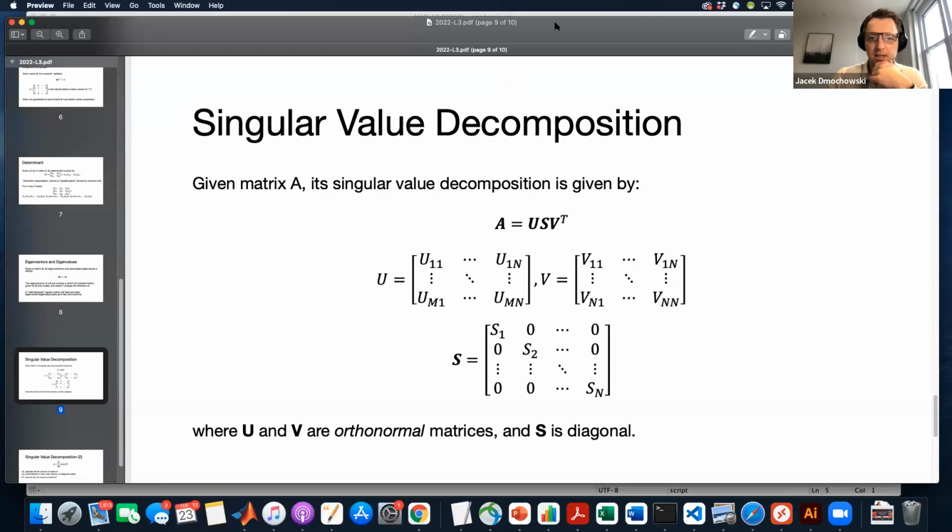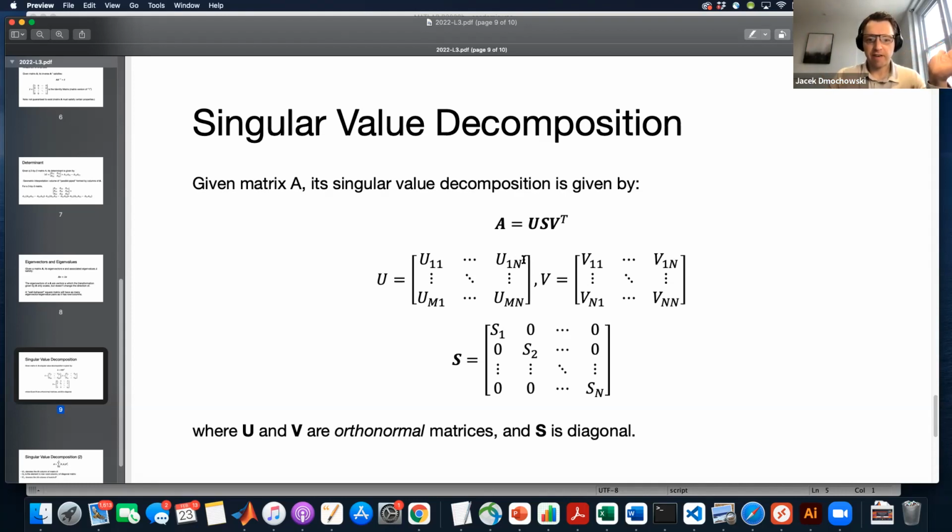And every column of U is orthogonal to every other column of U. Remember I told you earlier that you should think of a matrix as a set of vectors, so each column is an element of that set.